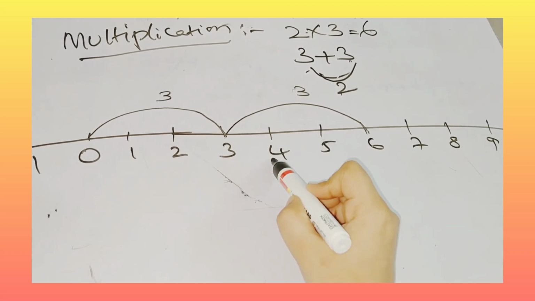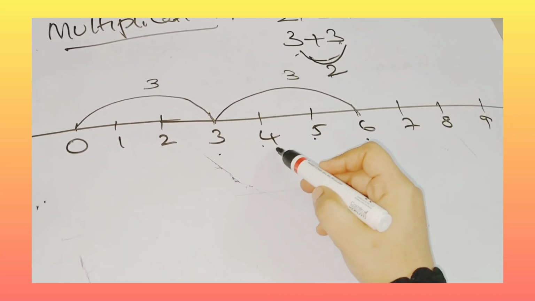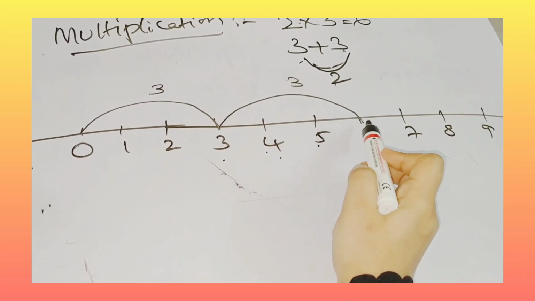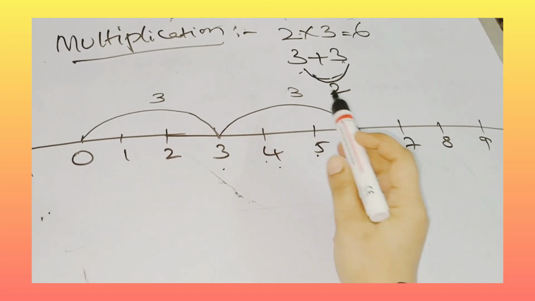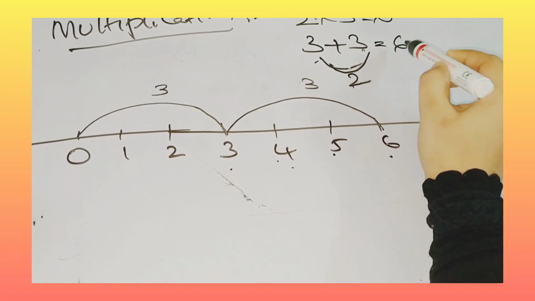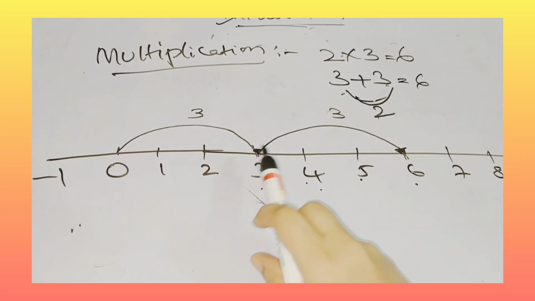It is 1, 2, 3 again. You have to leave this 3. You have to take again 3 numbers, 1, 2, 3. Now you have to move the curves, and the answer is 6. 3 2s are 6, and 3 plus 3 is also 6. And you have to keep the arrows in between here.